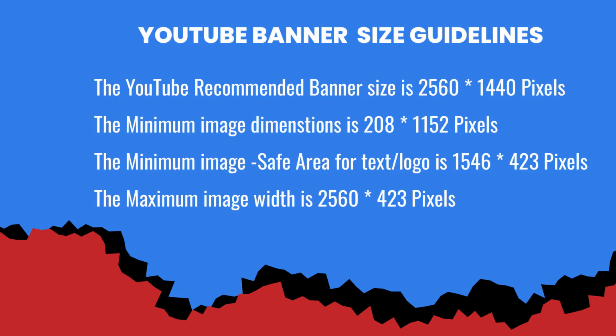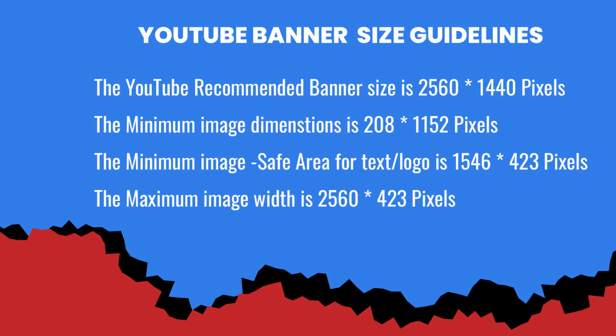The safe area, where any viewer using any device is able to see the content of the banner, including the text and logo, is 1546 by 423, and the maximum image width is 2560 by 423. It is extremely important to follow these YouTube banner size dimensions when creating a YouTube banner.